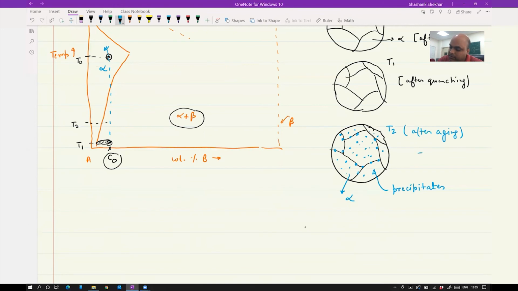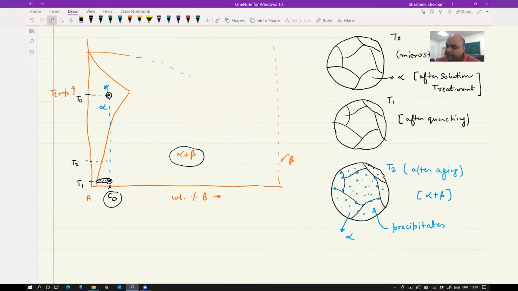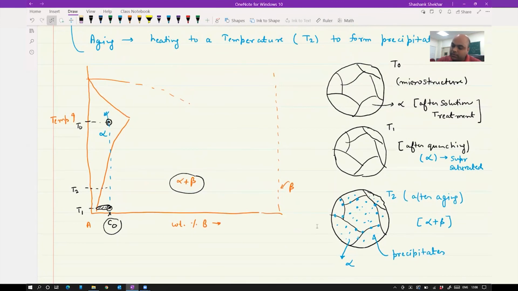So the microstructure here is alpha plus beta. Alpha is a solid solution of B in A, right? And even after quenching, your microstructure is going to have only alpha, but it is supersaturated. And after solution treatment, it is going to have only alpha.